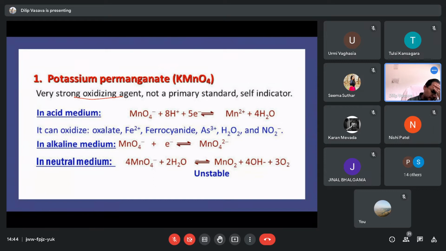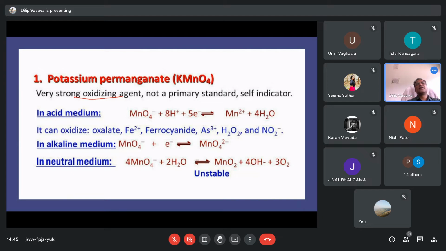It can be used in acidic, alkaline and neutral media, and in all three media the KMnO4 can be utilized.